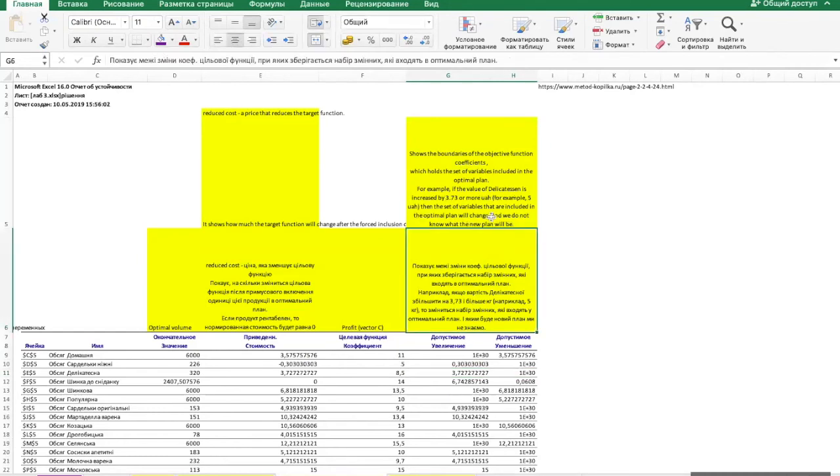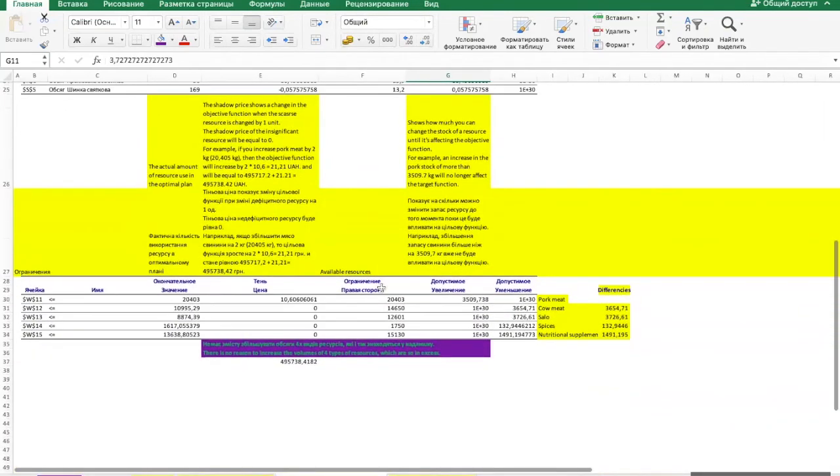So if we decide to change it by more than 3.73, for example, by 5 UR per 1 kilogram of delicatessen, then the set of variables included in our optimal plan will change, and we do not know what the new plan will be.